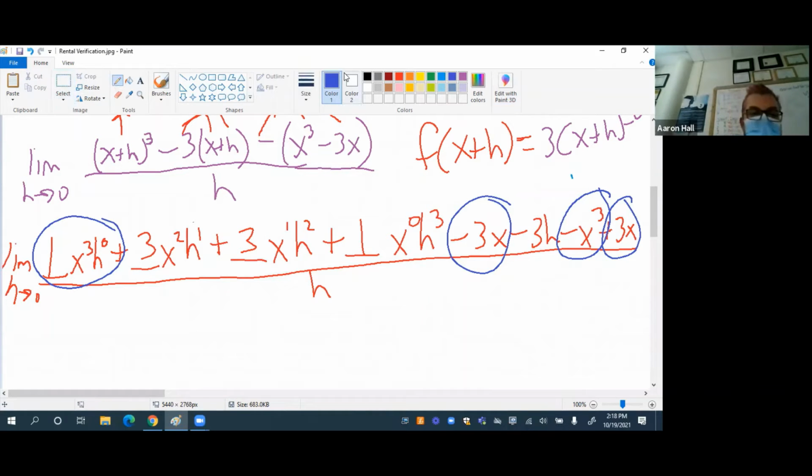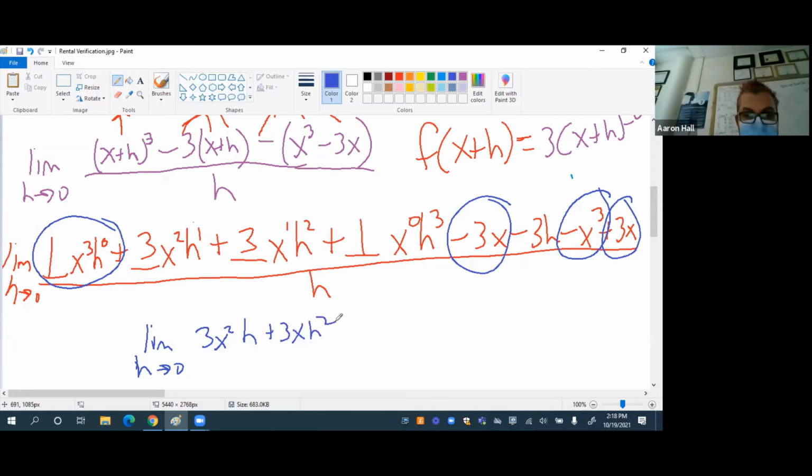Now we have the limit as h approaches 0 of what? 3x squared times h plus 3xh squared plus h cubed. Isn't that what this is? Just h cubed? Okay, h cubed minus 3h. Did I capture everything or did I miss something?